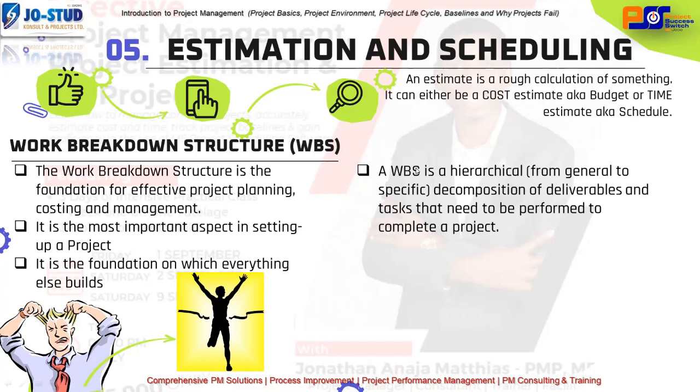If you are able to decompose them, what you are doing is that you are creating a work breakdown structure. Most time it's good, as you will see later, to do them in a hierarchical form. When you decompose them hierarchically, it helps you to roll up your estimates, and you have a summary estimate and you can have sub-estimates. So it's the foundation.